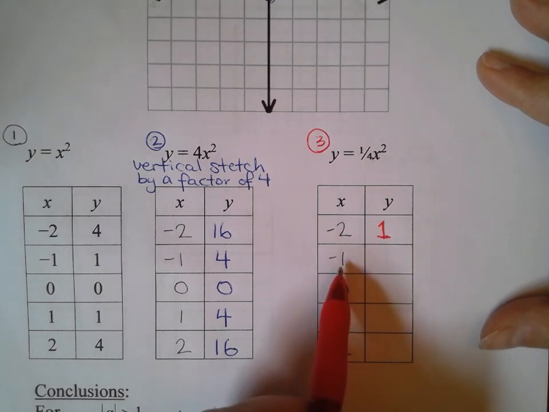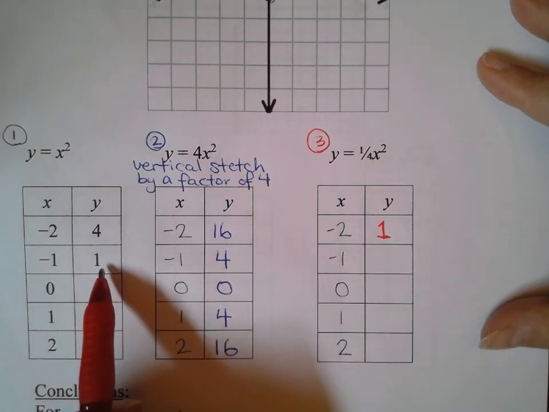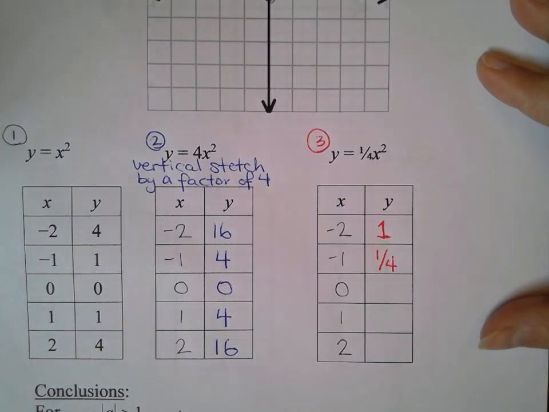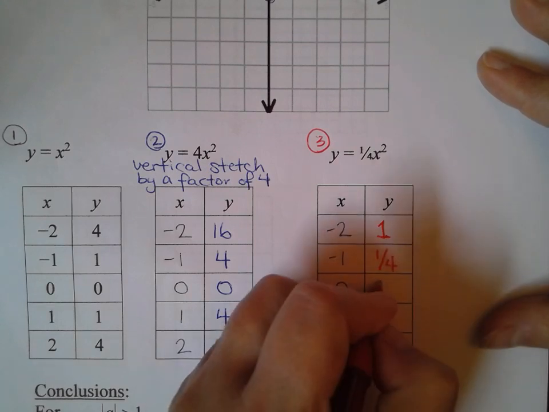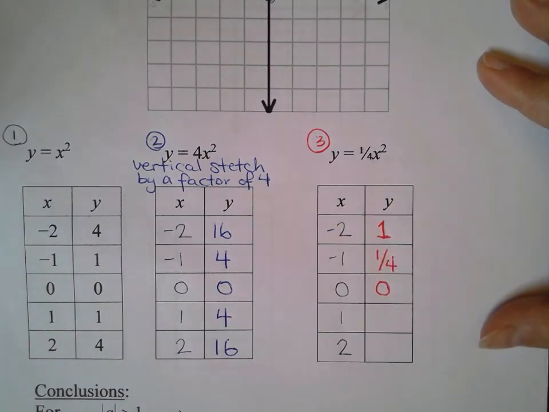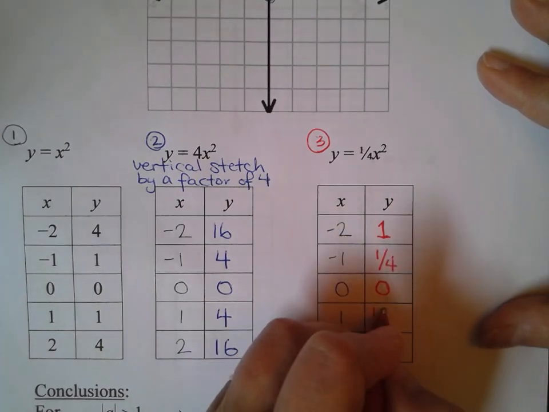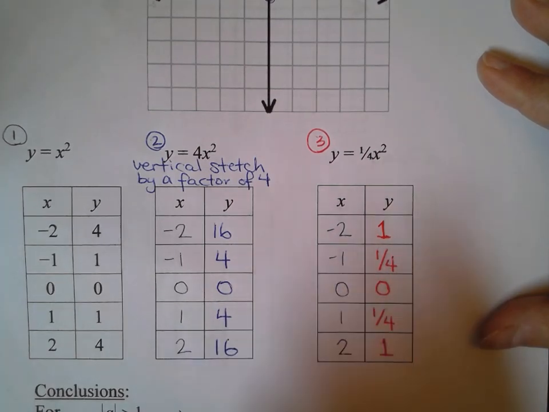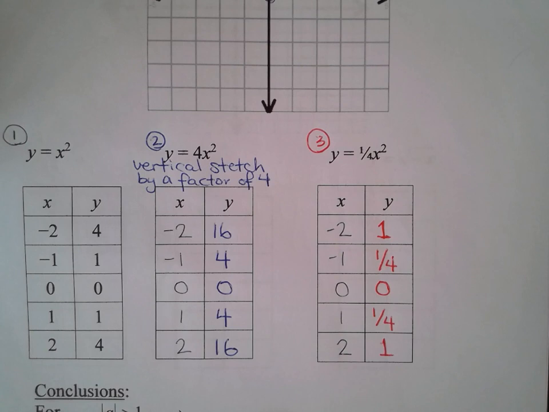For -1, I square it to get 1, and then I multiply by 1/4, so I get 1/4, or 0.25. Okay, 0, 0 is my low fixed point there. 1 is going to give me 1/4. And if I plug in 2, 2 squared is 4, and then I multiply by 1/4, and I get 1.